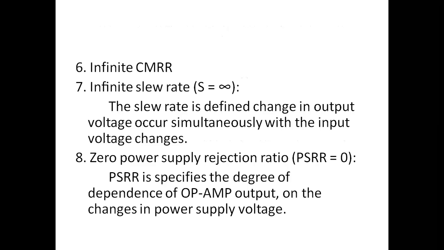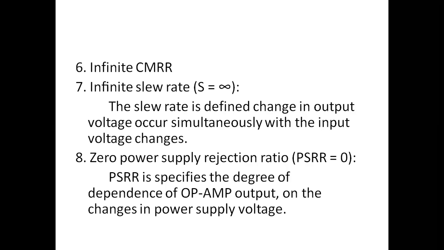You will require the slew rate to be infinite as well. What is meant by slew rate? Slew rate is defined as the change in output voltage which occurs simultaneously with the change in the input voltage. So you will require infinite slew rate.